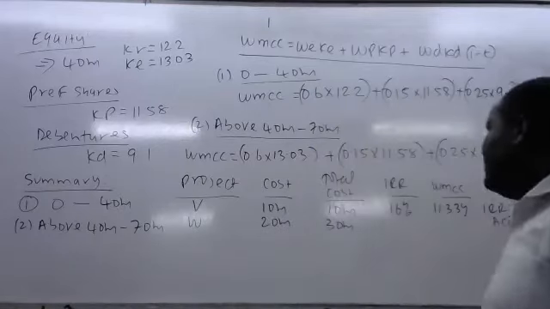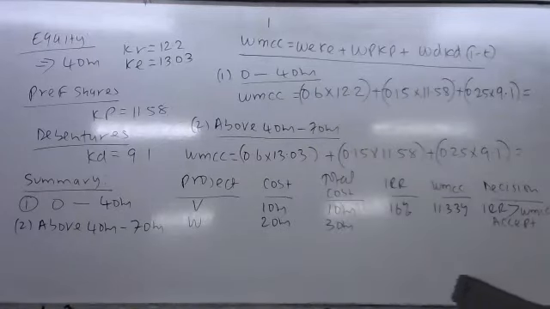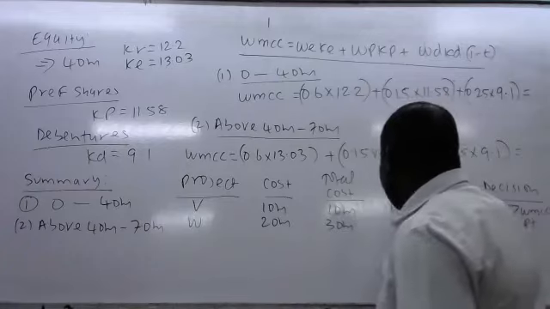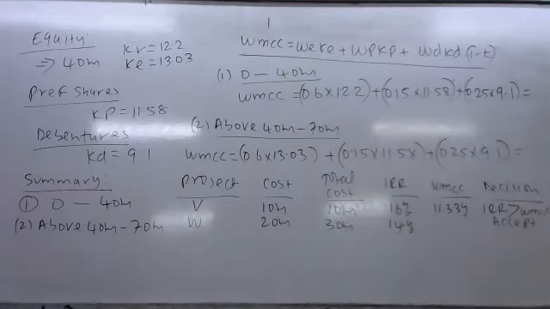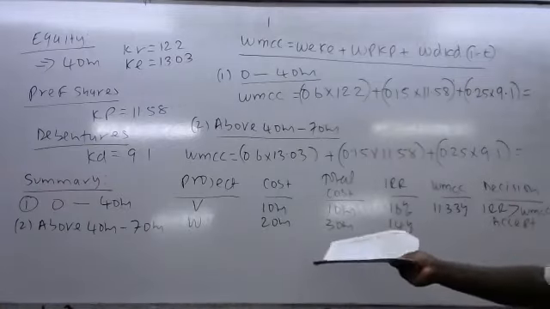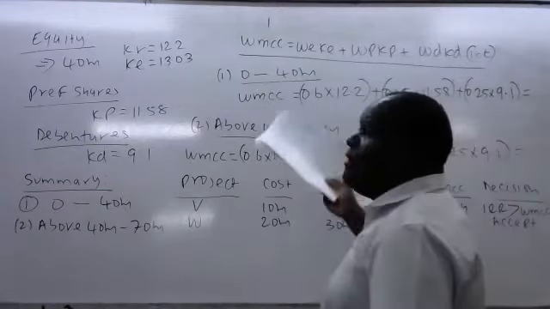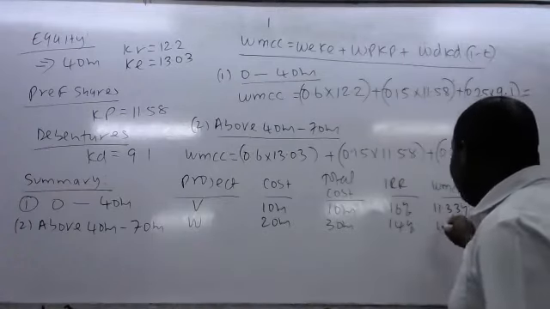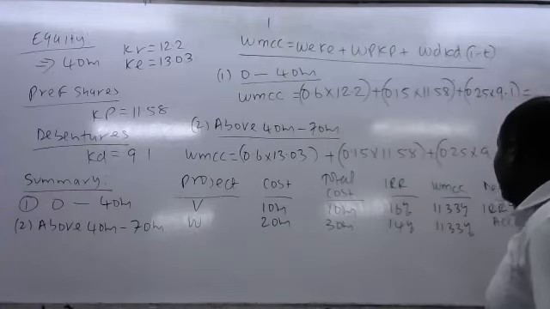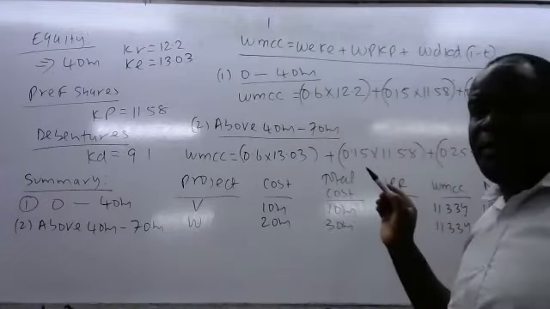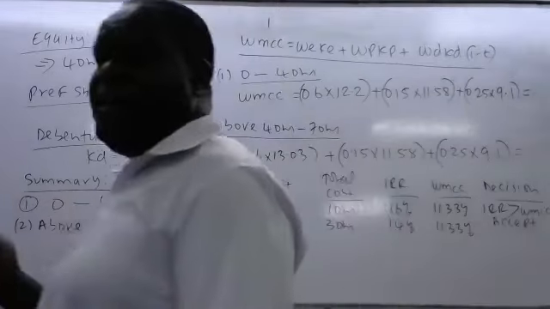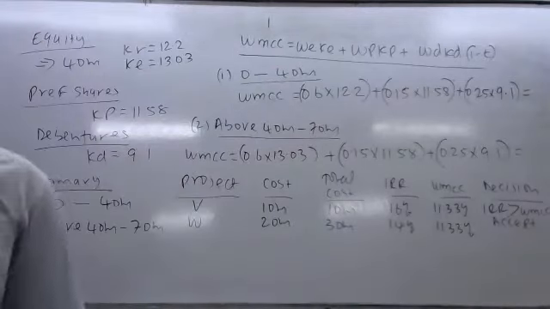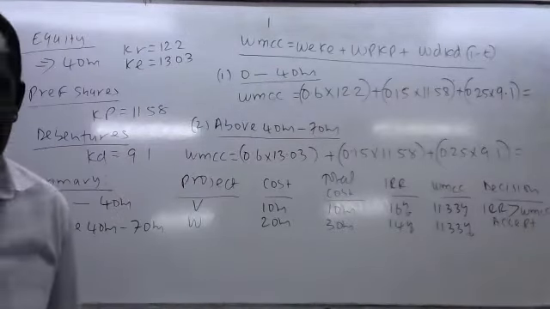It has been given an IRR of 14. We use the 30 million to identify the WMCC. 30 million is still between 0 to 40 million, so the WMCC is 11.33. Even that one you accept because the IRR is greater than the WMCC.